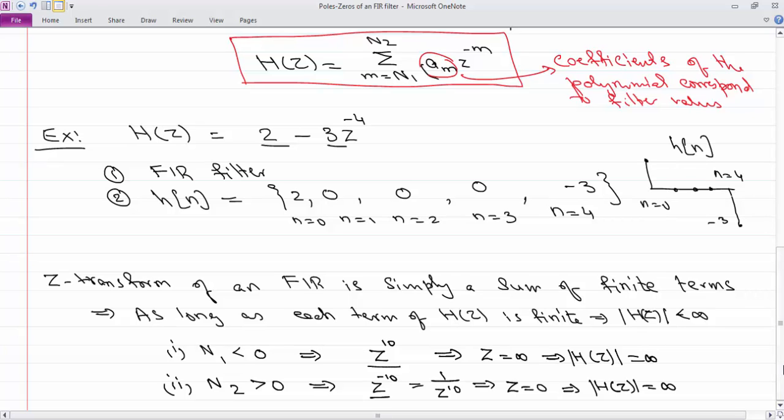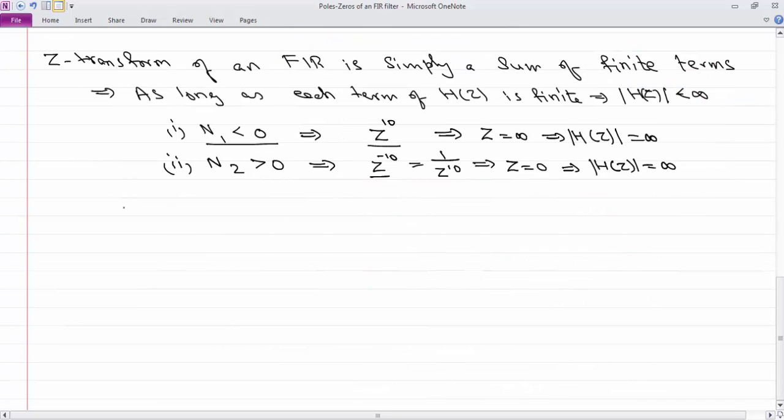And it has a pole at z equal to infinity. So what is this condition? n1 less than 0 means that your filter h[n] has a non-zero value for n less than 0. Okay? So you can translate that, right?